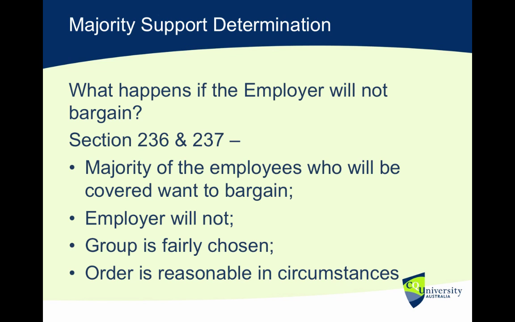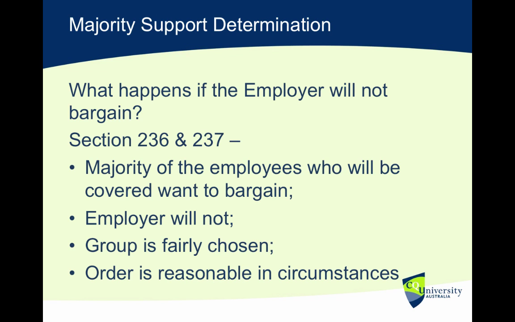What happens if the employer won't bargain? Look at sections 236 and 237 in the Act. This is the situation where a group of employees would very much like to have an enterprise agreement, but the employer just won't countenance the idea, won't talk about it. If the majority of the employees who will be covered want to bargain, the employer won't, the group is fairly chosen, and the order is reasonable in the circumstances, then under those sections of the Fair Work Act, the Fair Work Commission may make an order called a majority support determination.